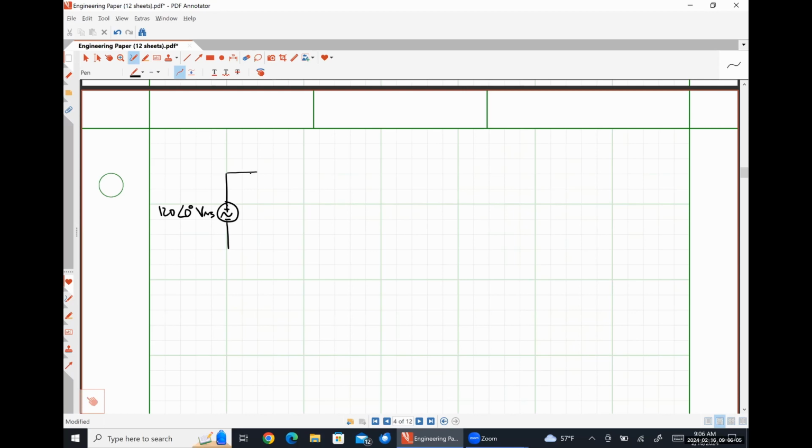Anytime they're asking you to do anything that's complex power related, you need to make sure that you're in the RMS phasor domain. And the best way to check is if you're given units of volts, you're not. If you're given units of volts RMS, you are. So if you don't see the RMS on the units, convert into the RMS phasor domain. All right.